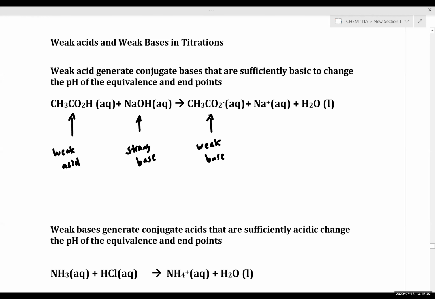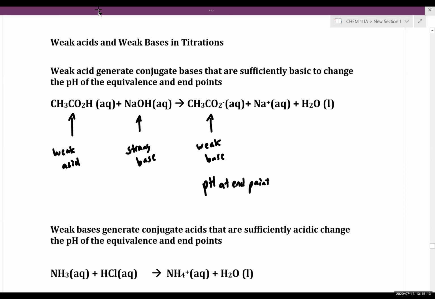So since acetate is a weak base, the pH at the end point, oops, one moment. Allow me 1 second to reset OneNote as it's experiencing a small amount of delay.